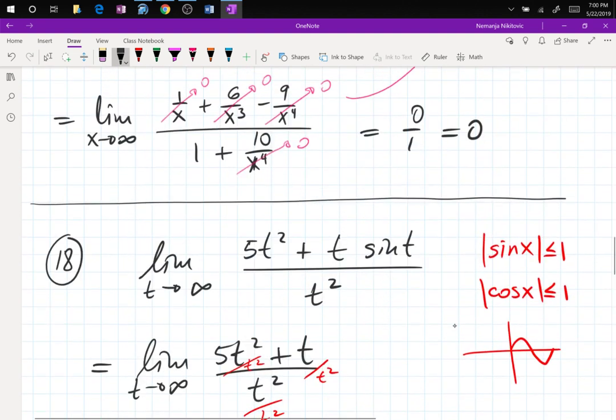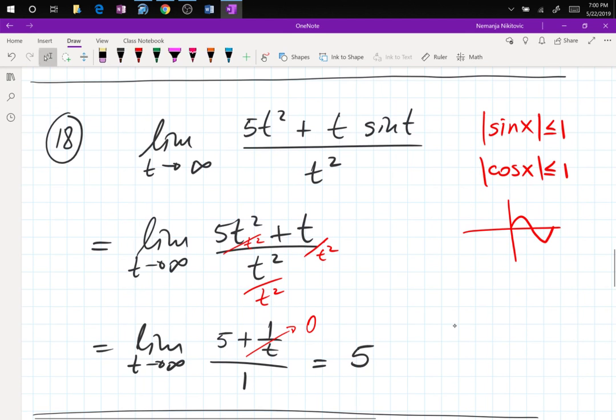Now, in this case here, sine was part of the larger problem, and when you have a sine here, the most it can contribute, because it will be divided by t squared later, right? There is a division by t squared.